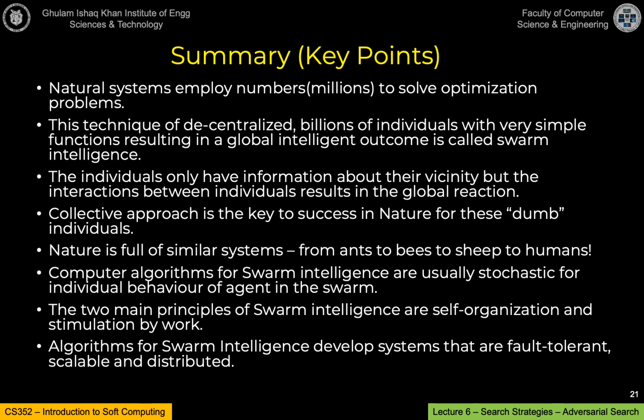Then there are different properties of swarm intelligence, and we saw the details. With that, I think we are done with this particular section. You also saw different algorithms, and we're going to discuss two of those in the next lectures.